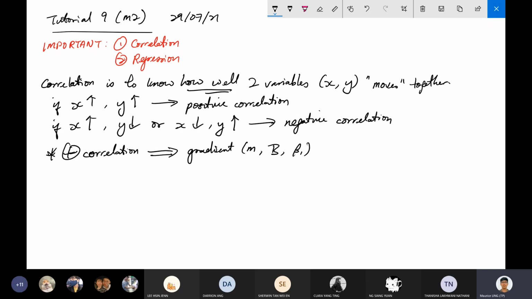Beta 1 is positive. If it's a negative correlation, then everything is negative. Generally when we say correlation, we are actually referring to Pearson's correlation.